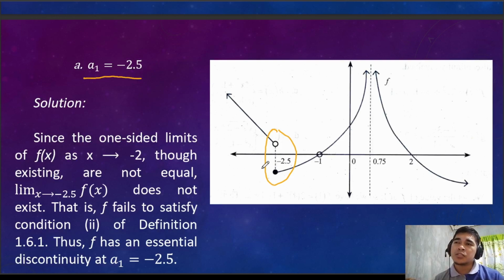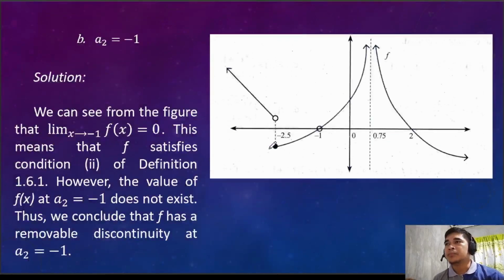And since this is discontinuous, we have two types, the essential and removable. So from the graph alone, this is the same with 1.6.2. So this is essential discontinuity at A sub 1 equals negative 2.5. So from the graph alone, makiilhan na nimo daan na this is discontinuous. Then, ang pagkaiba ni removable at essential, makikita mo na rin agad.